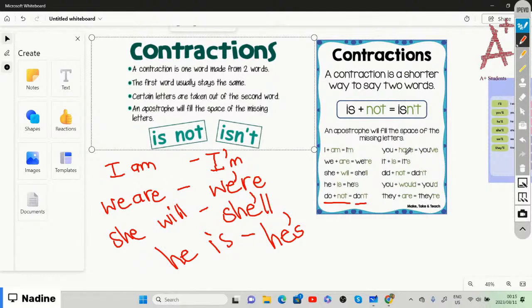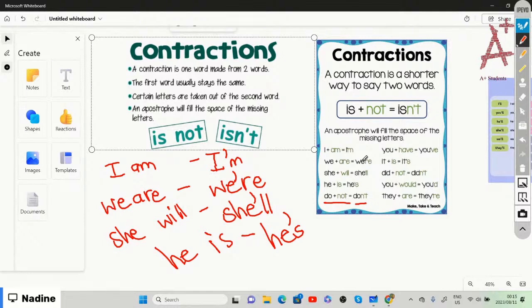You have, you've, it is, it's, did not, didn't, you would, you'd, they are, they're. So these are contractions, and contractions are a shorter way to say two words.